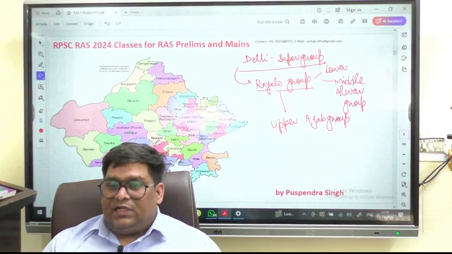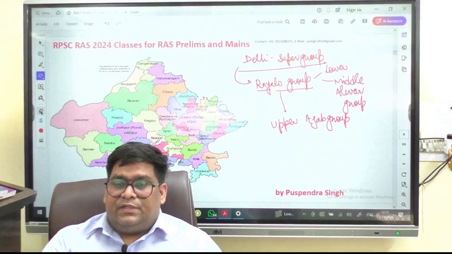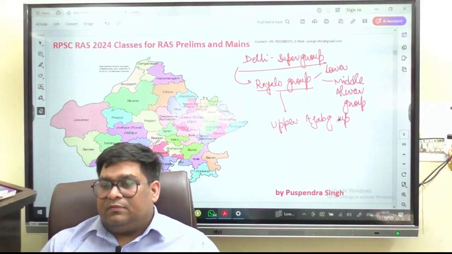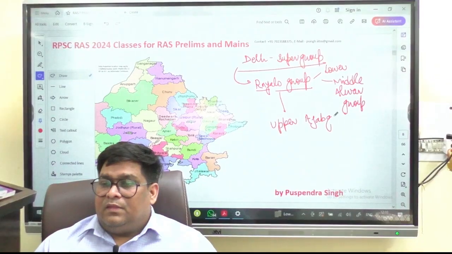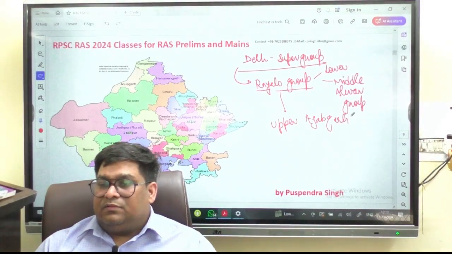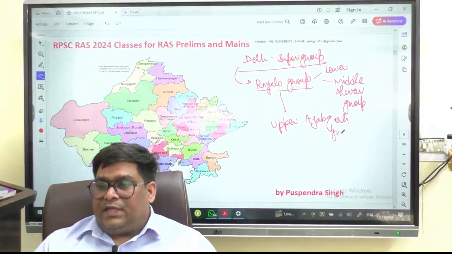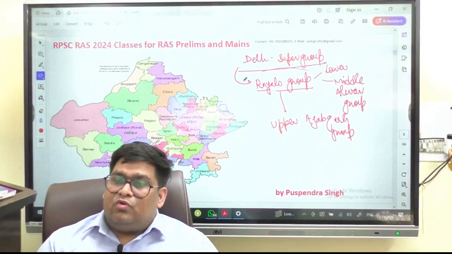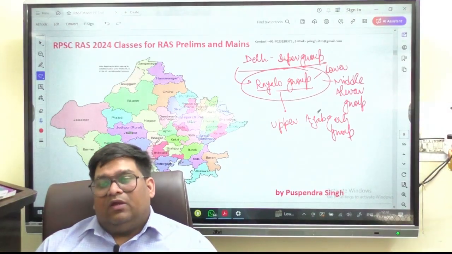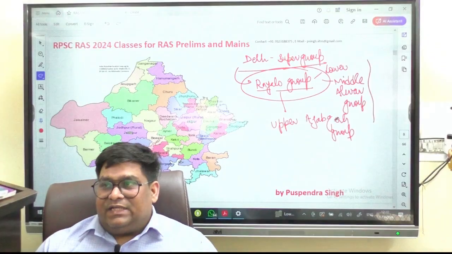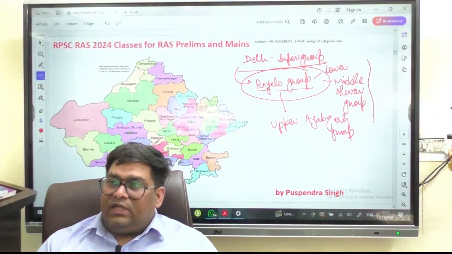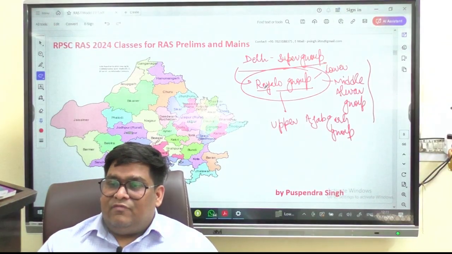That is Ajabgarh. You can remember it. Okay, Ajabgarh. So again, specifically in Rajasthan or in the northern Delhi belt, you can divide it. So what type of rocks will you have?